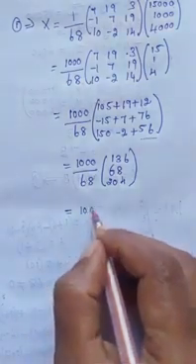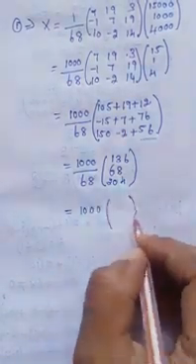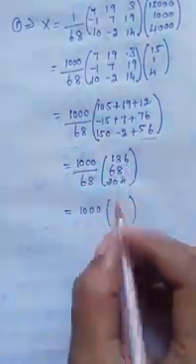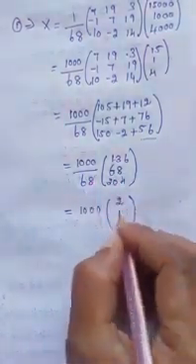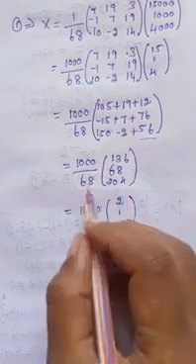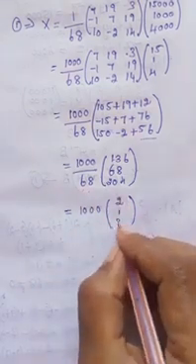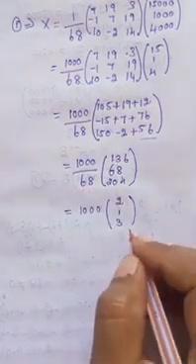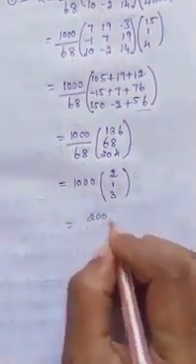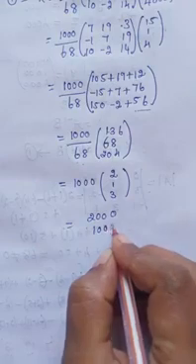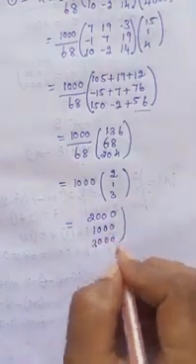Now 1,000 into, see, 68 into 2 is 136. So when we divide, you will get 68 by 68 is 1. 68 into 3, that is 204. Now multiply it, you will get 2,000, 1,000 and this is 3,000.